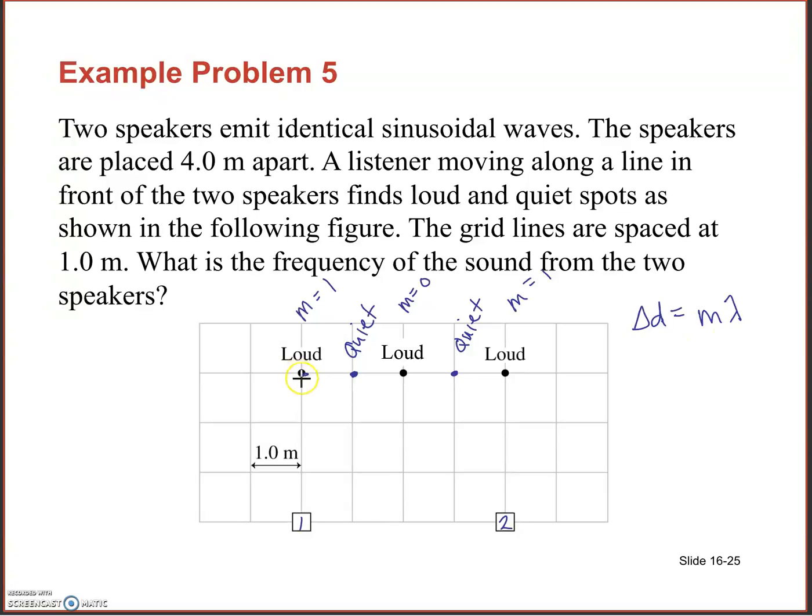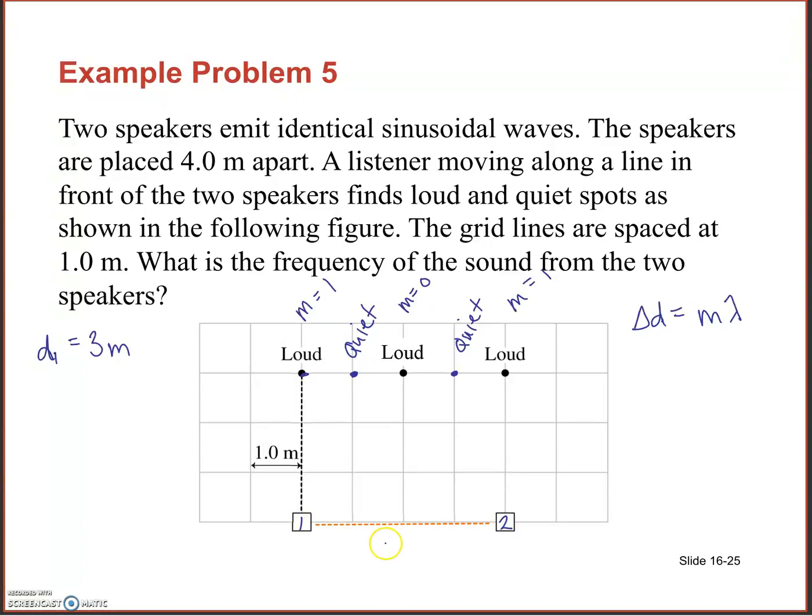I've got this distance here is equal to 1, 2, 3 meters. So I can say d1 is equal to 3 meters. I know that the distance between 1 and 2 is 1, 2, 3, 4 meters.